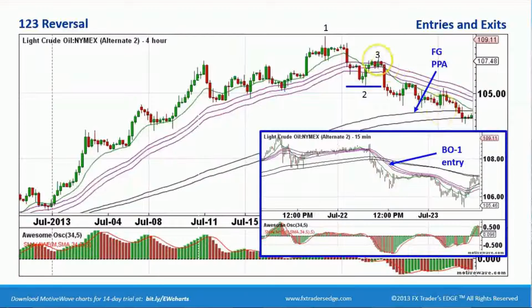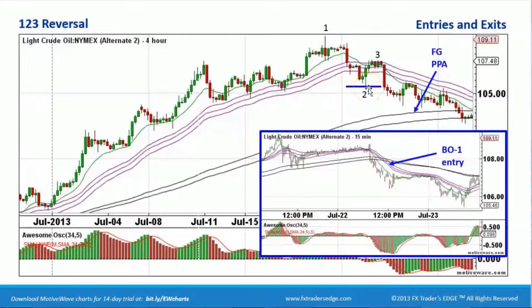The point 3 is actually the wave 2 or B retracement before the wave 3 or C move. It's so comforting to know that there are many ways to look at the market to get the same analysis and results. Taking the 1, 2, 3 pattern on its own, we would sell the market for the fill the gap trade once we break down through point 2.